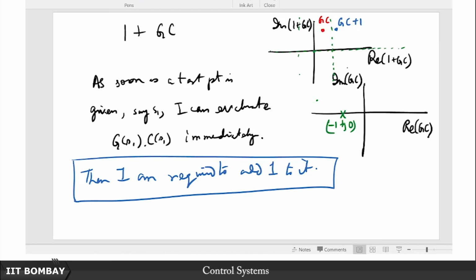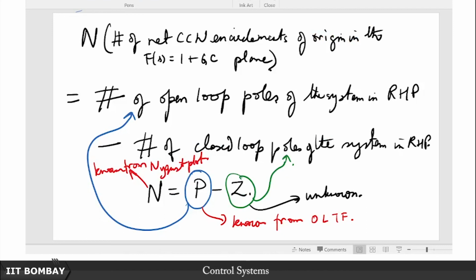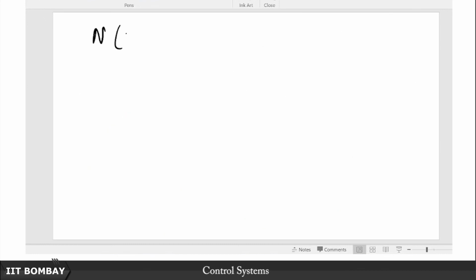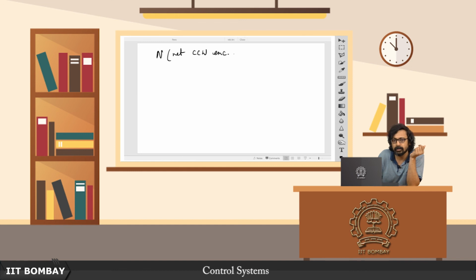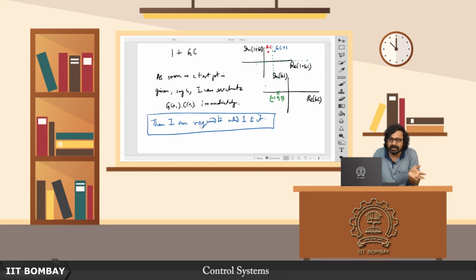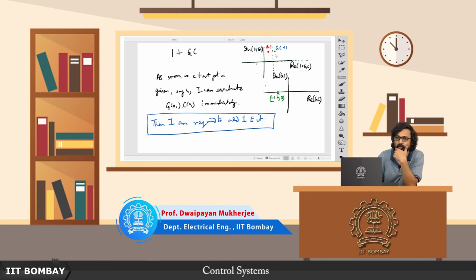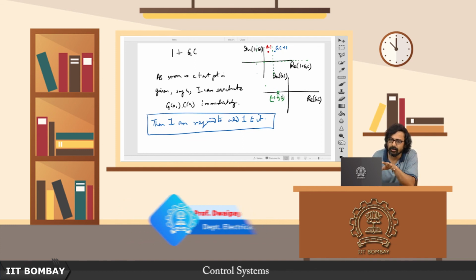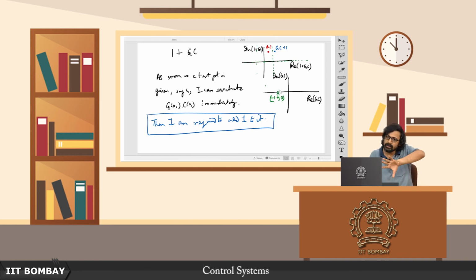So that is why, instead of putting this condition like this, that net counterclockwise encirclements of the origin in the 1 plus GC plane, what people say is that N, the net counterclockwise encirclements of minus 1 plus J0 in the GC plane, is equal to P minus Z. So while plotting, instead of artificially adding this 1 to get GC plus 1, I just look at the GC, do not add this 1 to it, but instead of counting the encirclements about the origin, I count the encirclements about the minus 1 plus J0 point here.